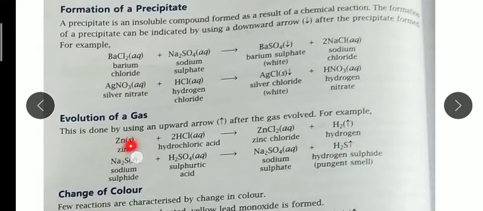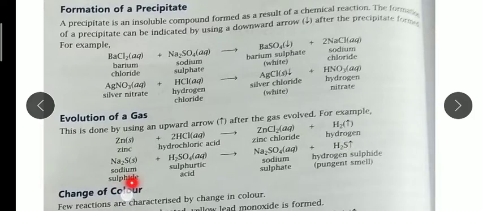Now the reaction, here again two reactions are given. When zinc reacts with 2HCl, it will produce zinc chloride, ZnCl2, and it will release hydrogen gas. So always remember when metal reacts with acid, it can be HCl, it can be H2SO4, it will release the hydrogen gas.